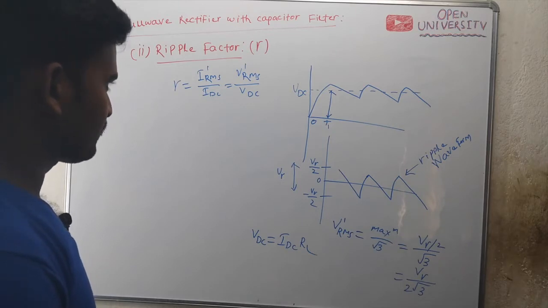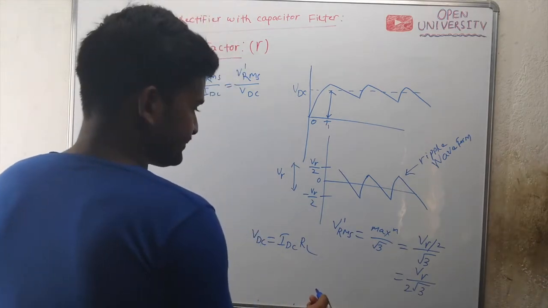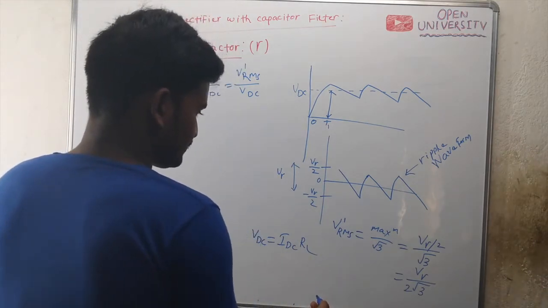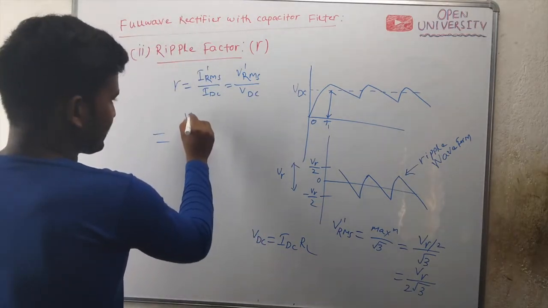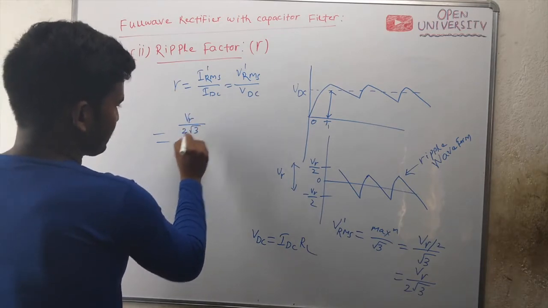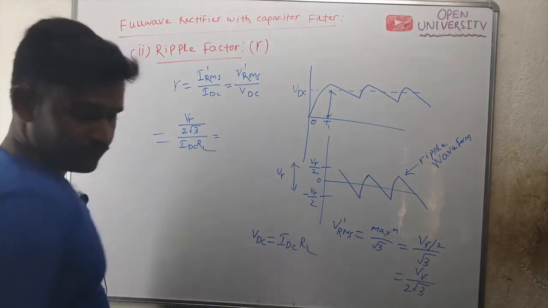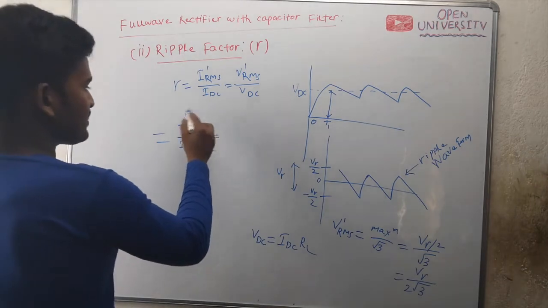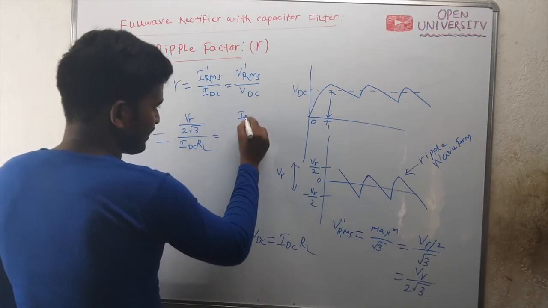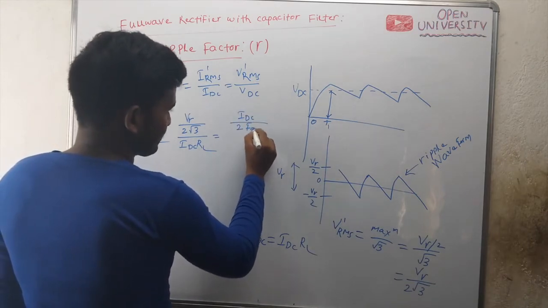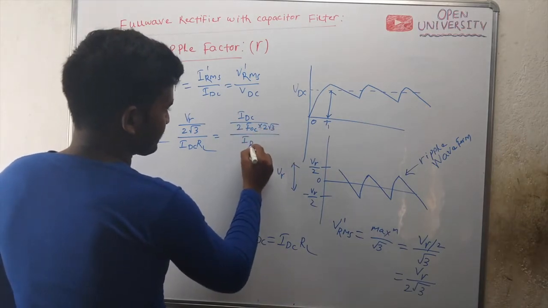Okay, and you substitute here. Vrms is Vr by 2 root 3 divided by Idc into RL. What is Vr? Vr is Idc by 2 f naught C. Here Idc by 2 f naught C into 2 root 3 divided by Idc into RL.